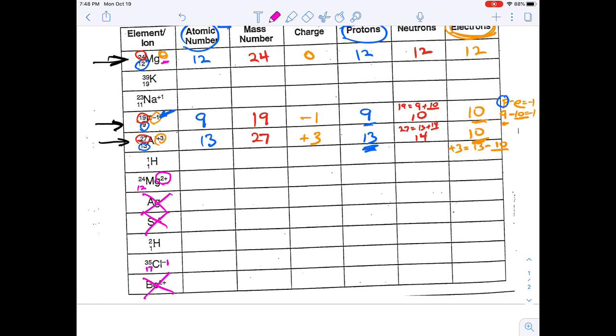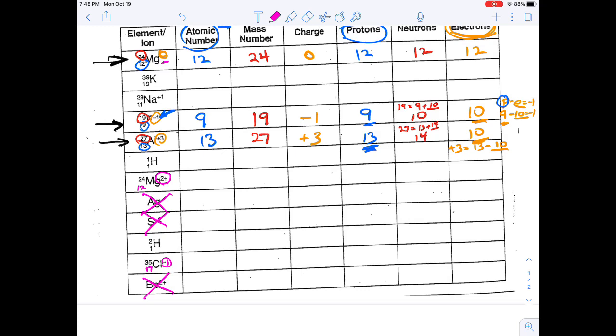Different books will do it differently. If you see a 2+ or a +2, it doesn't matter. It means the same thing. Same thing here. If you see a -1 or a 1-, it's a -1 charge. So different books will use slightly different notation, but use your head and you'll be fine.